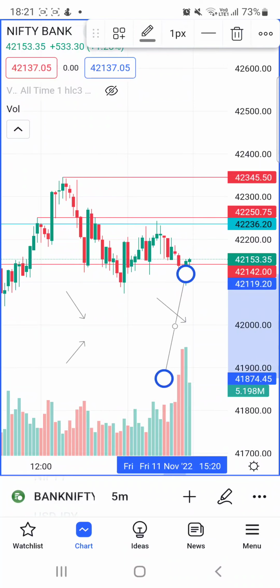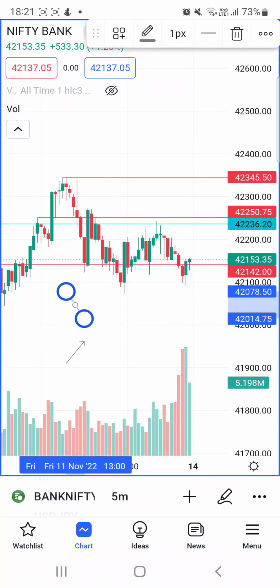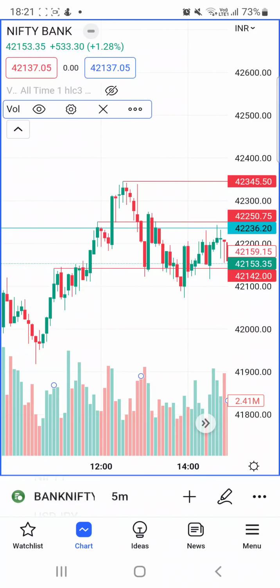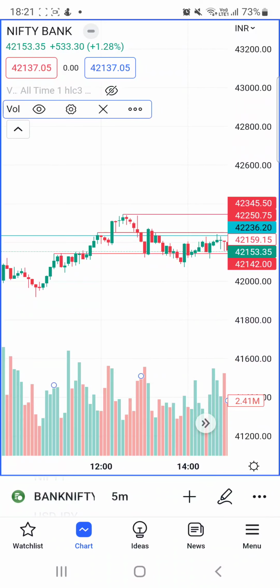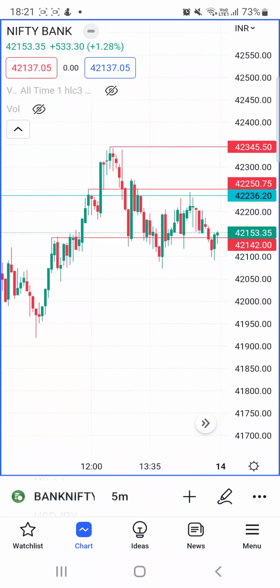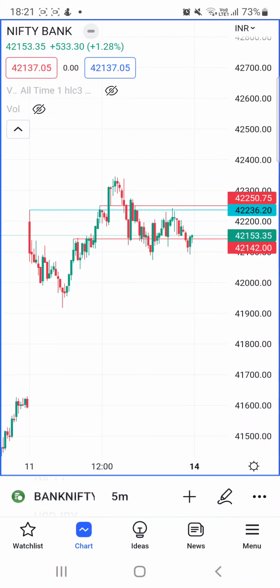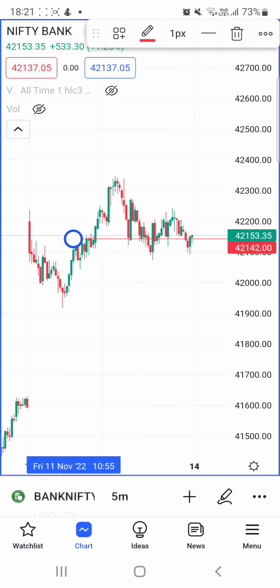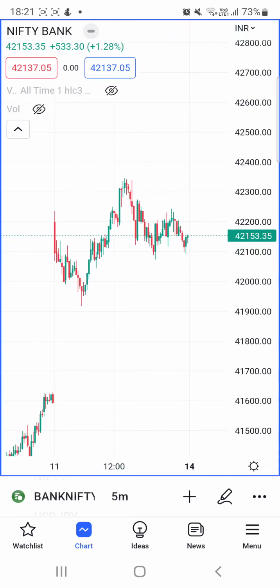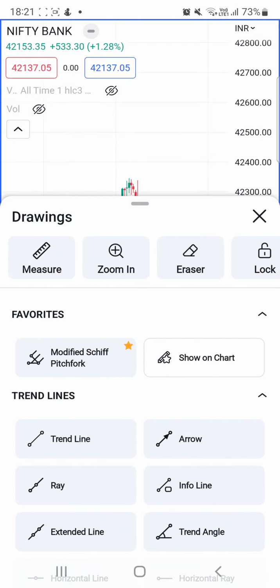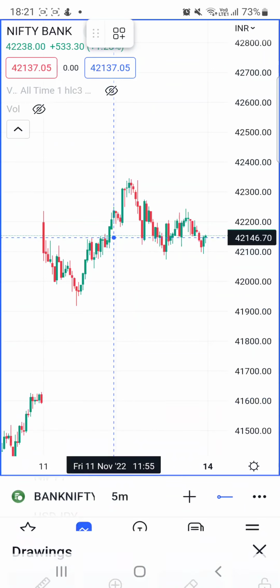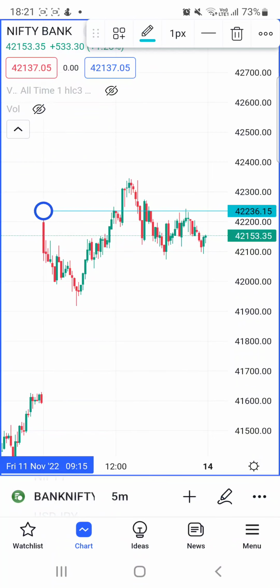This only means that the vector that is created in this high is actually a manipulation vector, which means this vector is specifically created to induce retail traders into this upward momentum, and then there is a sudden fall of price. So sellers have manipulated this high, and now are coming down very aggressively.